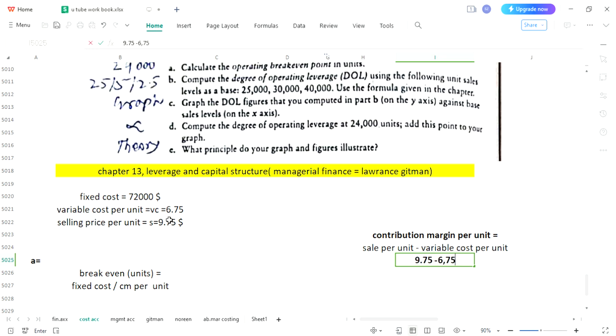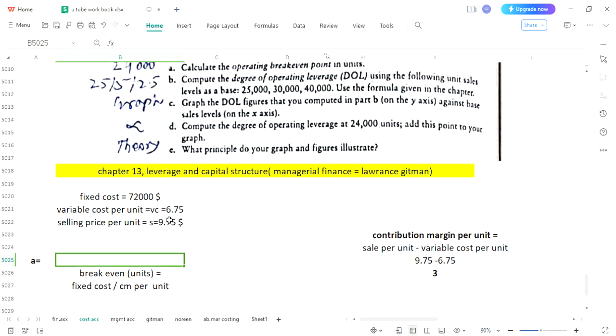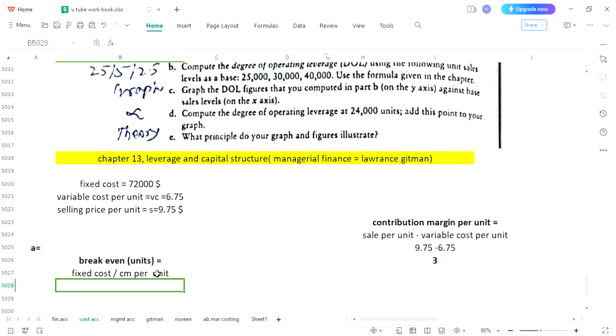Alright guys, so the 6.75 statement is completed. Now we are open to put it on our calculator. So we have got our contribution margin per unit, which is 3. So come to the formula. We need to calculate break even in terms of units. Fixed cost needs to be divided by CM per unit.